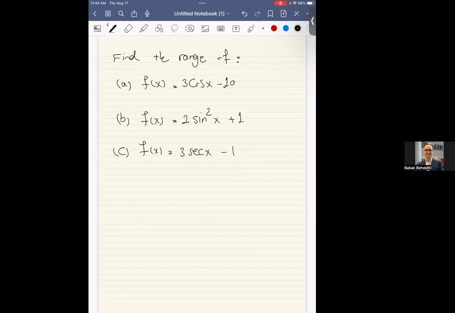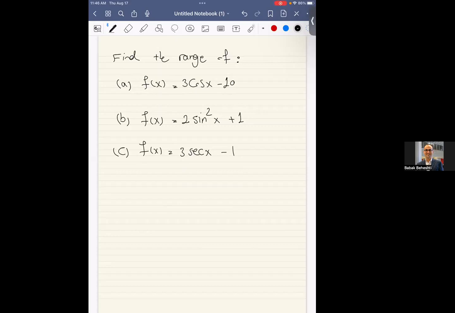Y is bigger than or equal to -7, and smaller than or equal to -23? -7? So y is bigger than or equal to -23, and also y is smaller than or equal to -17. So -10 plus 3, it's 3.